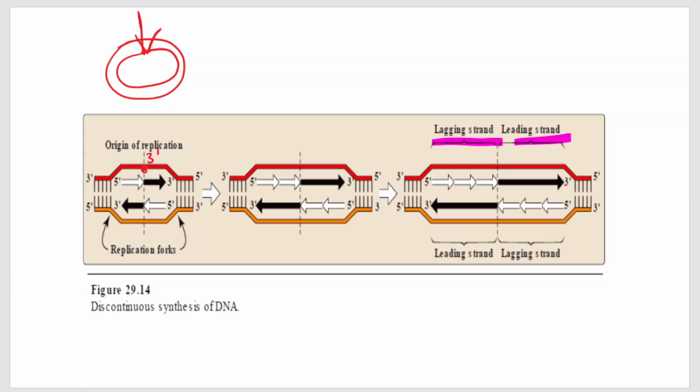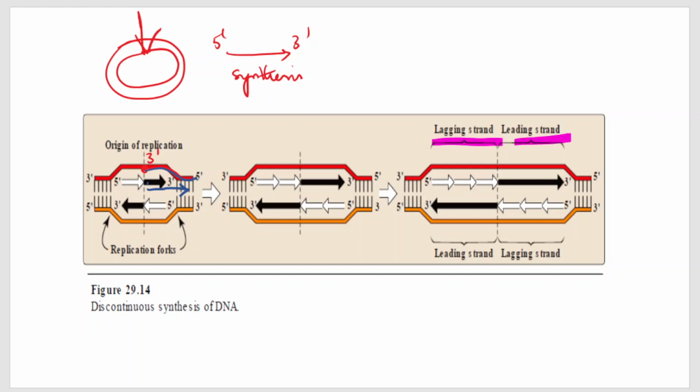Always remember, the synthesis of DNA can occur only in the 5' 3' direction. Now this parental strand is in the 3' 5' direction. Are you able to appreciate? So synthesis in the 5' 3' direction is in this direction, towards the replication fork.